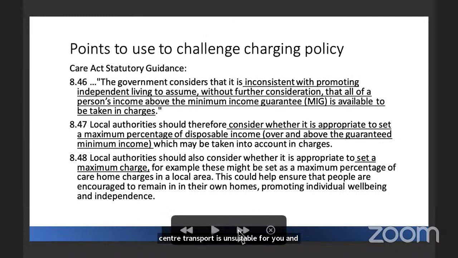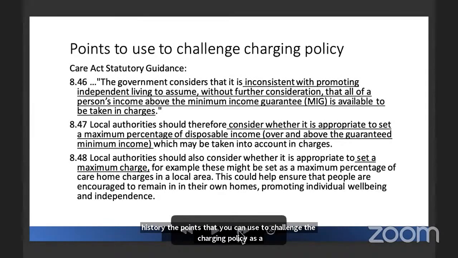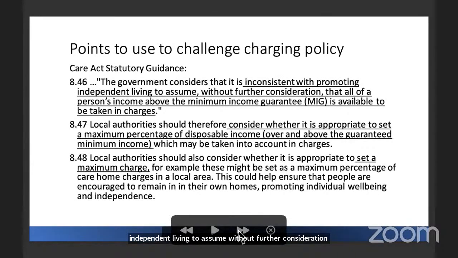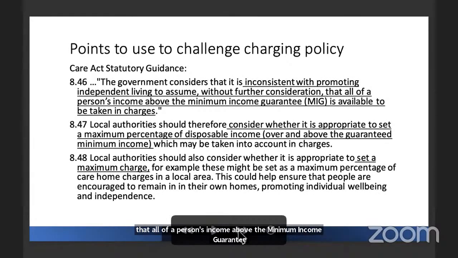So finally, there's the points that you can use to challenge the charging policy as a whole. And again, that's in the Care Act Statutory Guidance, Chapter 8. So 8.46 says the government considers that it's inconsistent with promoting independent living to assume without further consideration that all of a person's income above the minimum income guarantee is available to be taken as charges.